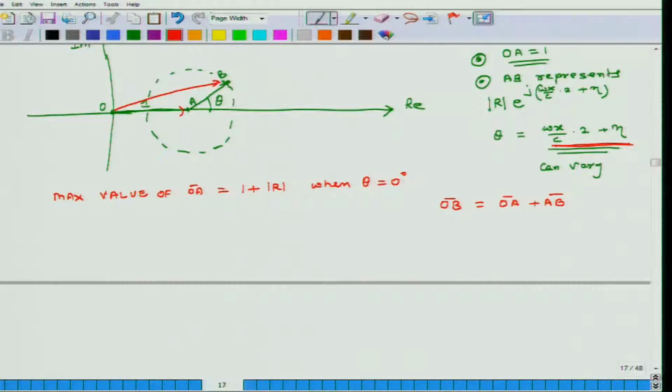So when theta is 0, then OB will be maximum and its value will be 1 plus R, because this magnitude, this radius, is R. And similarly, the minimum value of OB is equal to 1 minus R when theta is equal to 180 degrees or pi radians.